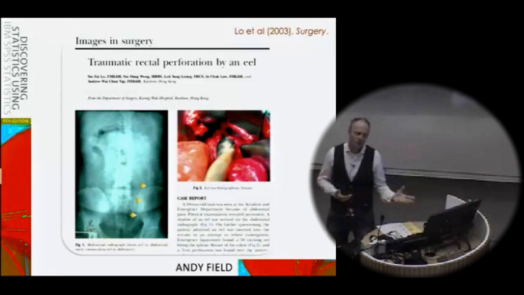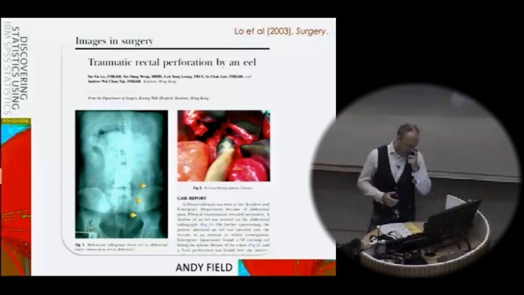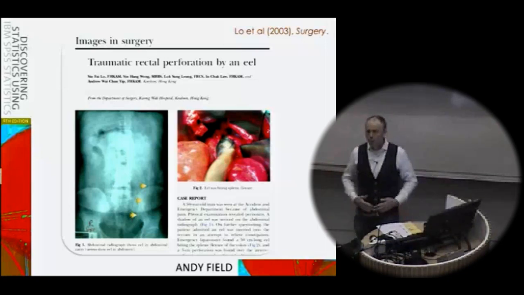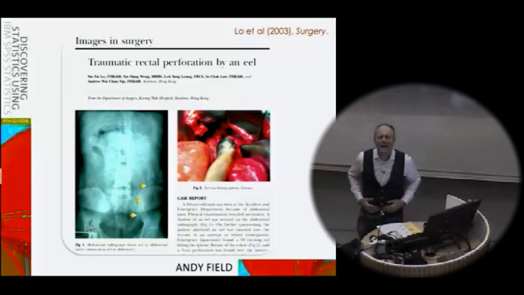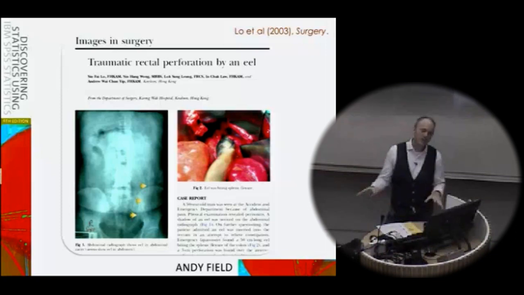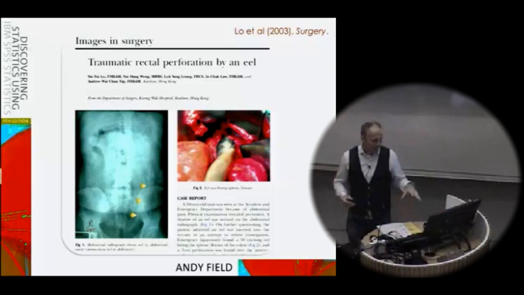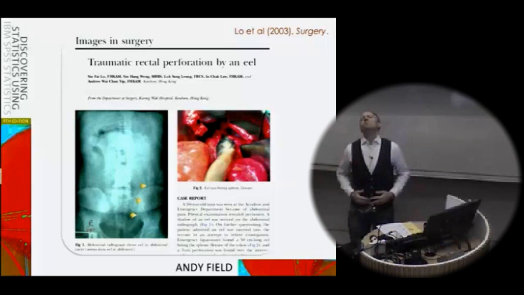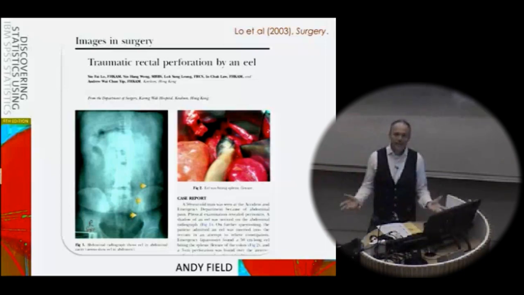Now, basically, the story goes, and I'm going to embellish this a bit and make it sound like I was actually there when I wasn't, but basically a 50-year-old man went to A&E in, I think it was Hong Kong, reporting abdominal pain. So he turns up in A&E, oh, I've got abdominal pain, but in a bit more of a Hong Kong accent. And the doctor said, oh, okay, what seems to be the problem? Oh, I don't know, the pain. Well, have you eaten anything strange recently?